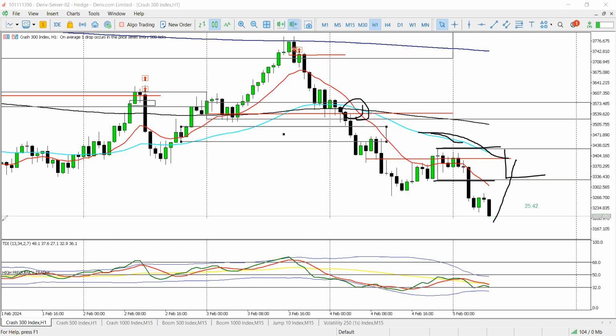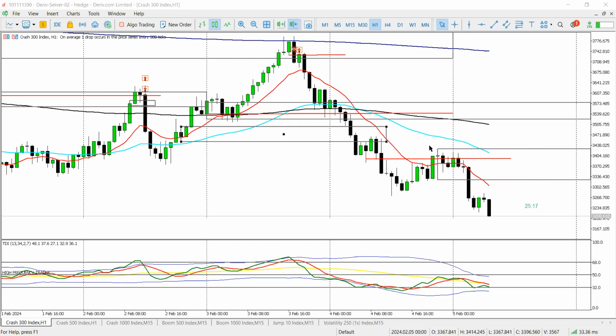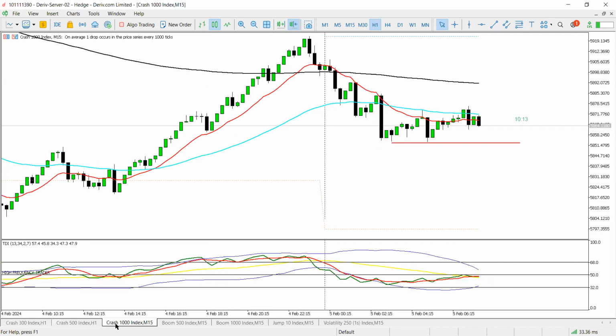So I would say if price comes anyway inside 3300 all the way to 3400, this is my range where I anticipate the setup to form. So if price forms a setup in here in this range, then I'll execute a sell. Then I'll also advise in the group. But that's a zone which you should just mark, and we'll see how that plays out.